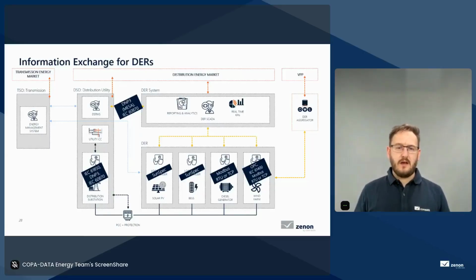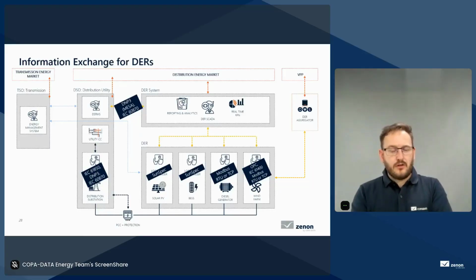And what they do is they model standard data models for the exchange between the DSO and the DER system and the DERMS, so that this is all standardized regardless of the amount of DERs that they are communicating to. And also the likes of 60870-5-104 can be found here as well.